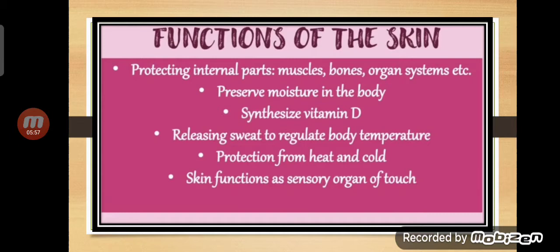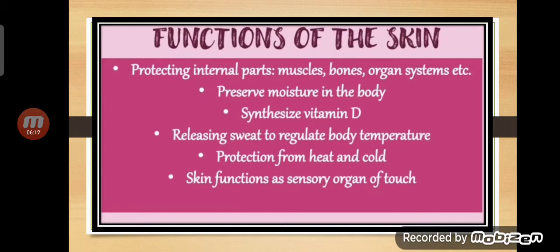So who protects the bone and muscles? The skin is the one who protects the internal parts, that is muscles, bone or organ system, etc.